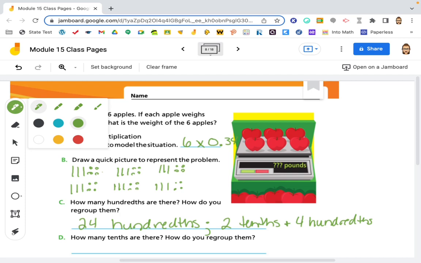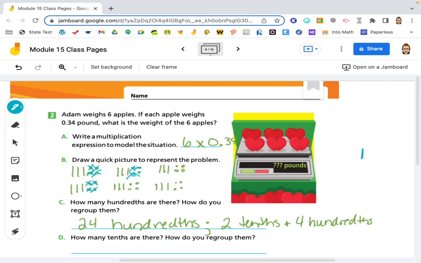So we would be doing 1, 2, 3, 4, 5, 6, 7, 8, 9, 10, which would give us a tenth. Then we have 4 hundredths left.